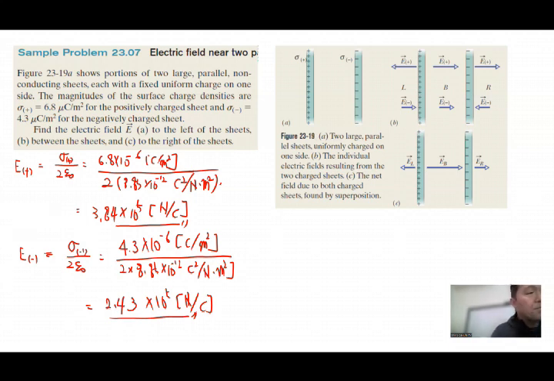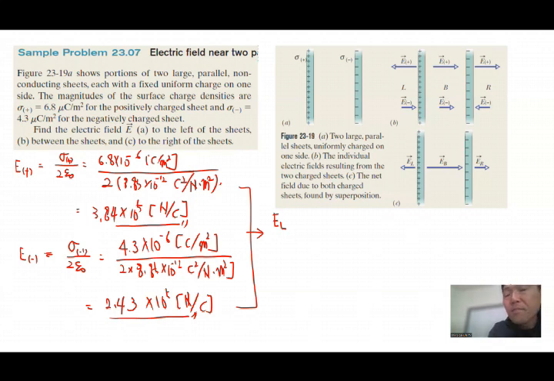So you have to add those electric fields to find the net electric field in three different regions: to the left of the positively charged plate, between the two plates, and to the right of the negatively charged plate.